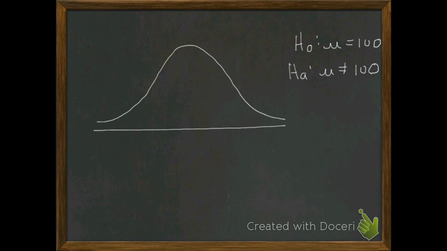All right, so we're testing H sub 0: mu equal 100 versus the mean not equal to 100, and we're going with the industry standard threshold of 0.05. Well, what we're going to do is put our rejection region into two tails. So we're going to have 0.025 in this tail, and 0.025 in this tail.